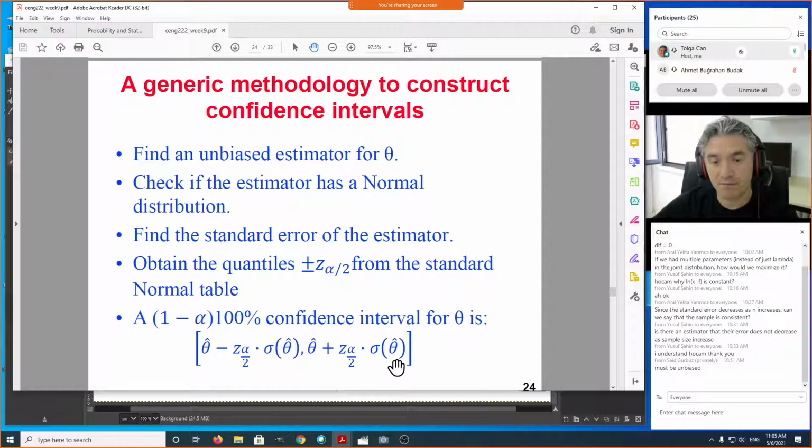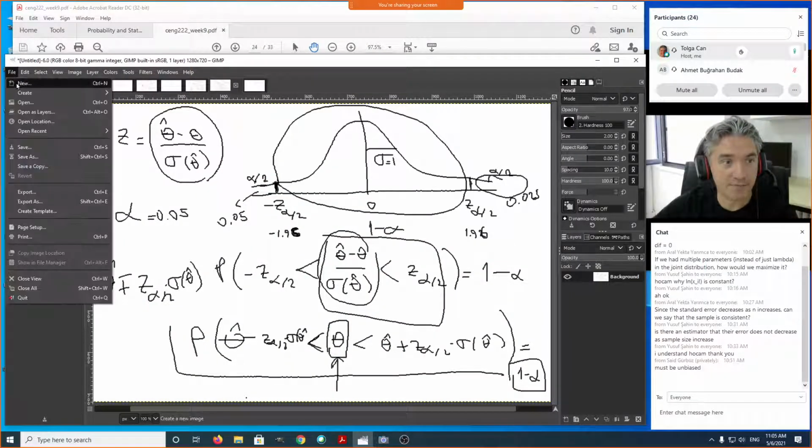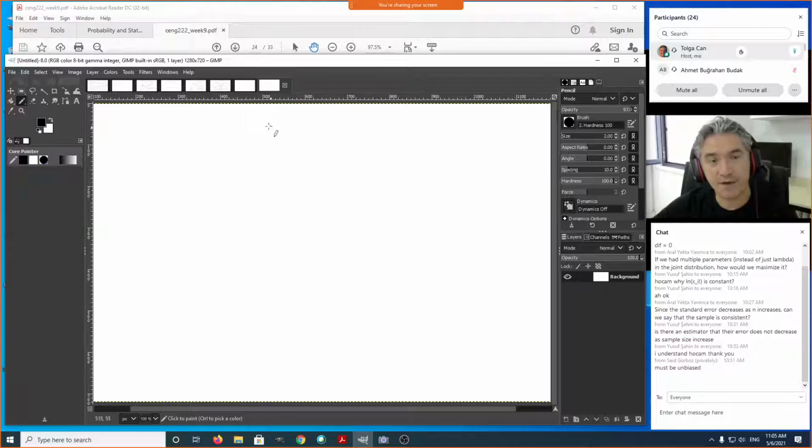For example, if your estimator is a summation of these terms, or it's like an average.